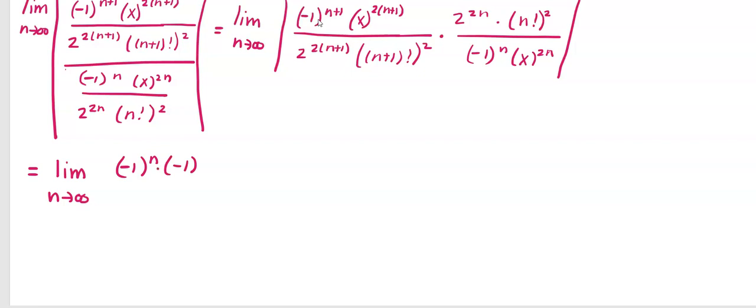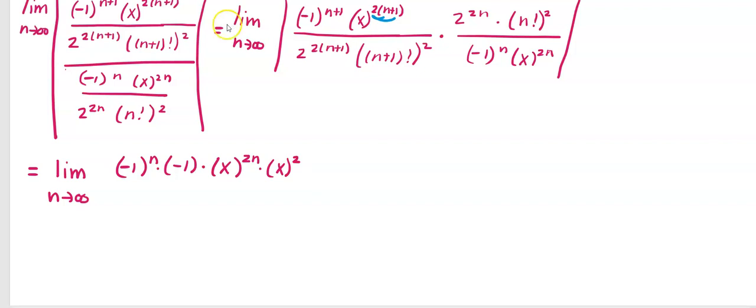So there's our first breakup. For our second one, you would need to distribute this little 2 here, so it'd be 2n plus 2. We're going to break that up to be x to the 2n power times x to the second power.